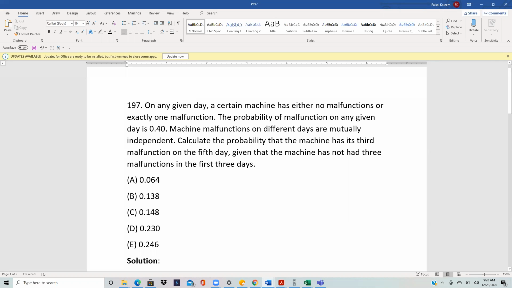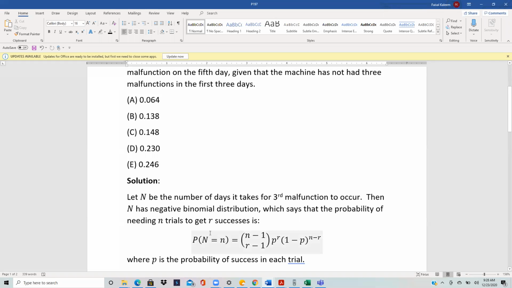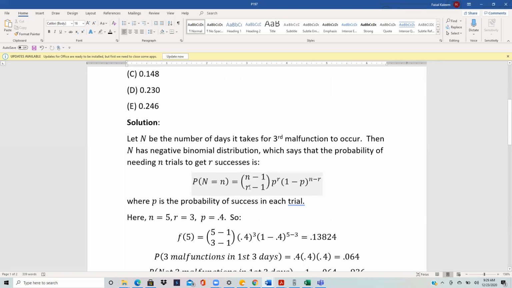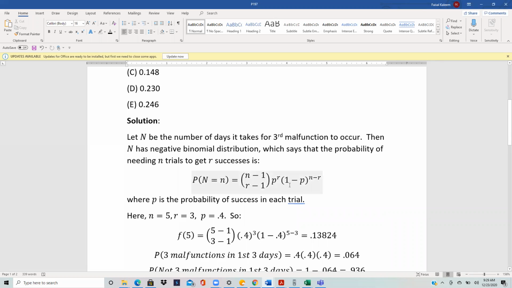So now consider this statement, probability that the machine has third malfunction on the fifth day. So this is negative binomial. If n is the number of days it takes for the third malfunction to occur, then n has a negative binomial distribution, which says that the probability of needing n trials to get r successes is given by this formula. P is the probability of success in each trial.